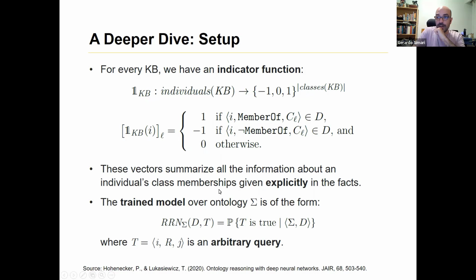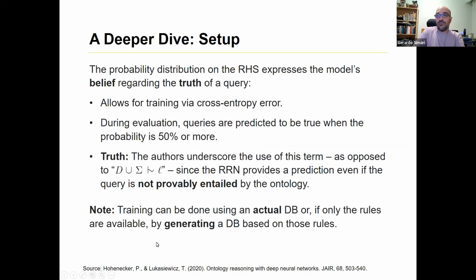And the trained model will then be of the form: we'll have a probability distribution over what is true given this ontology, where T here is an arbitrary query. You want to know if something holds, that will be a triple, and you'll get a probability distribution, like it says here on the right-hand side, that expresses the model's belief regarding the truth of the query.